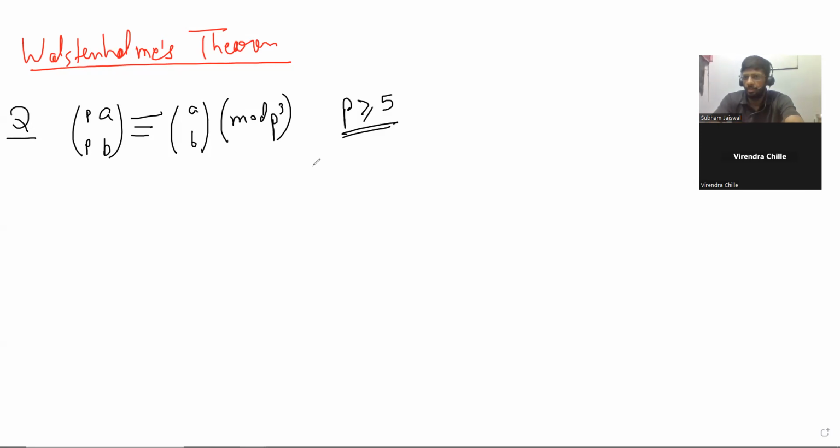But that result was for any p, and we have here special conditions for p. Then how is this a generalization? Okay, yeah, you are correct. So in that way, I was wrong, but I meant that for p bigger than or equal to 5, at least it implies. For p equal to 2 and 3, it is very simple, right? I was not assuming that. Yeah, you're correct. So it doesn't imply for all cases, but it implies for p bigger than or equal to 5.